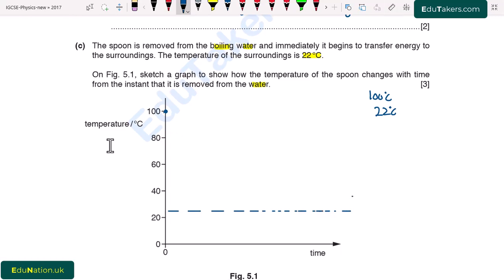No, the initial point is this and the final point is on this line. We have to draw a graph. So it will be like that. So this graph basically shows how the temperature of the spoon changes with time.